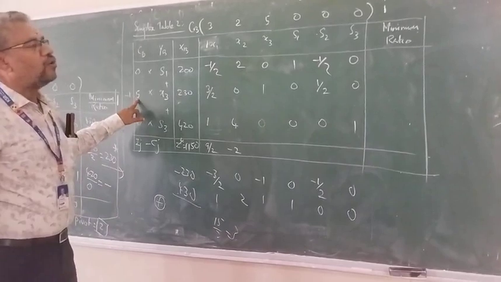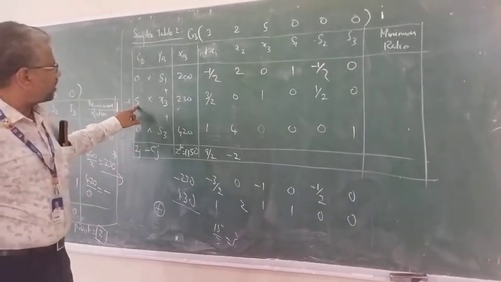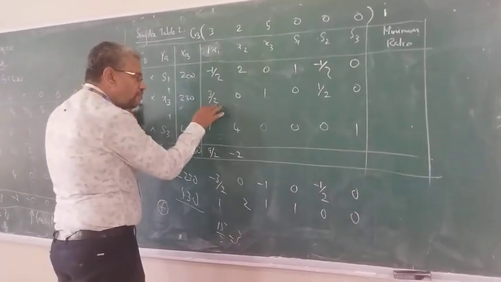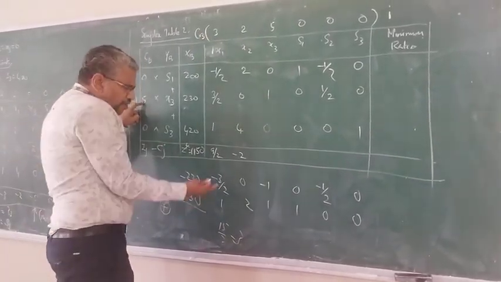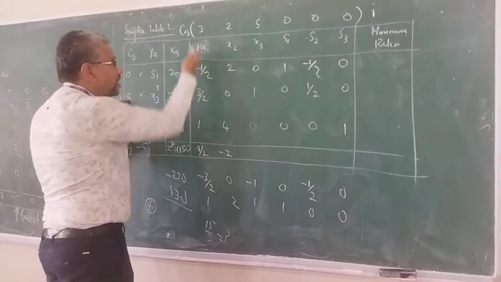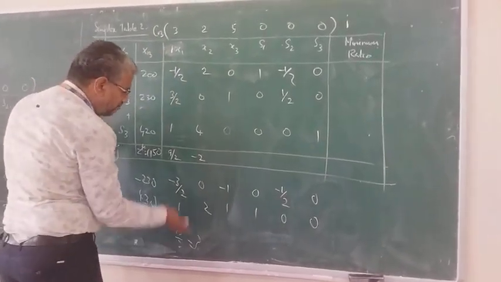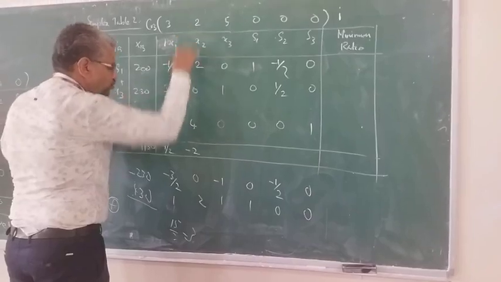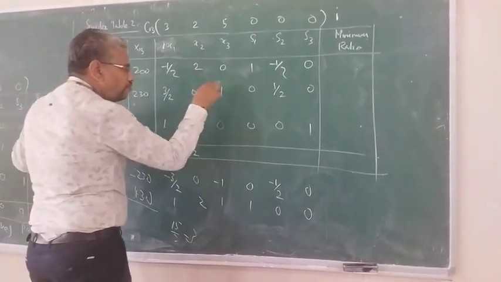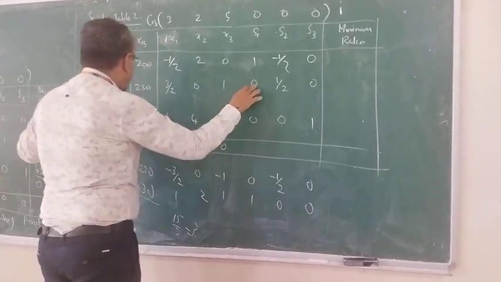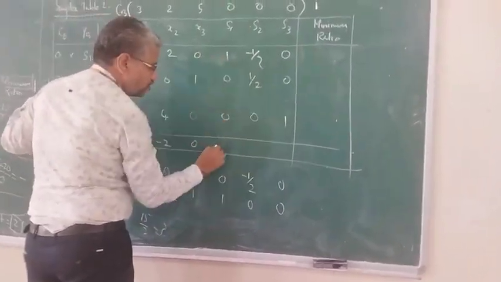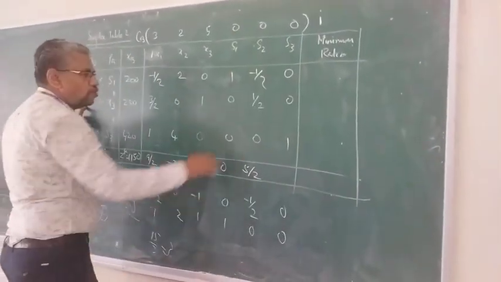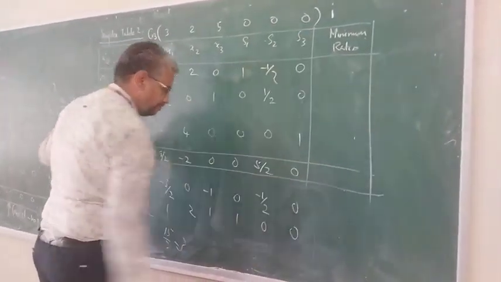So the only non-zero value you will get is from the second row. Therefore 5 into 3 by 2 is 15 by 2 minus 3. 15 by 2 is nothing but 7.5, right? 7.5 minus 3 is equal to 4.5. 4.5 is nothing but 9 by 2. So 5 into 0 is 0, minus 2 is minus 2. 5 into 1 is 5, minus 5 is 0. 5 into 0 is 0, minus 0 is 0. 5 into 1 by 2 is 5 by 2, minus 0 is 5 by 2. 5 into 0 is 0, minus 0 is 0.